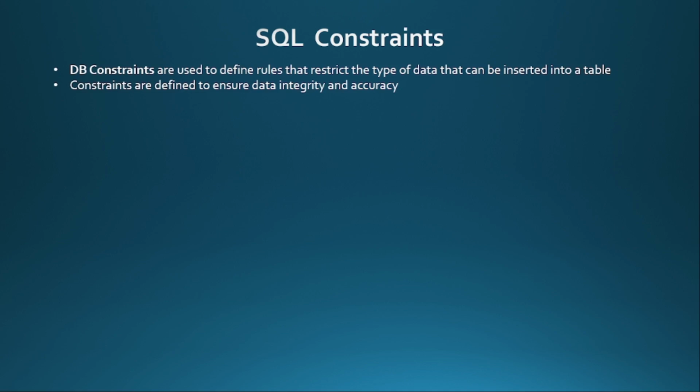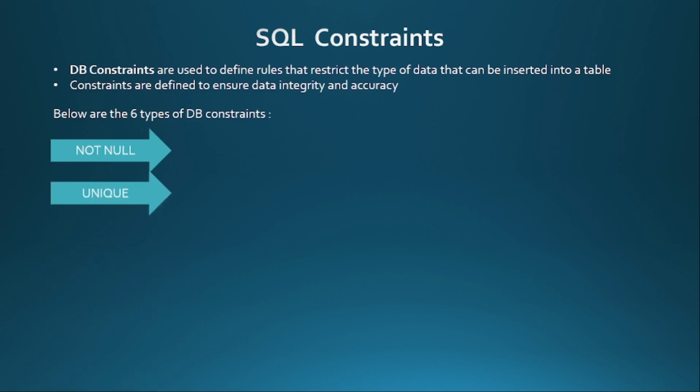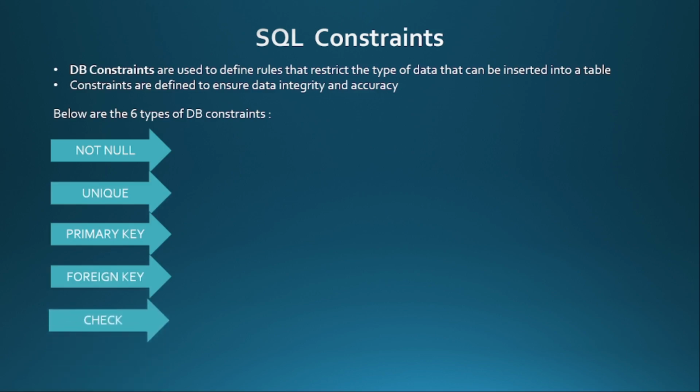So within an integer, if you want to further do a data integrity restriction, then we will use the constraints. We have 6 types of database constraints: not null, unique, primary key, foreign key, check, default.